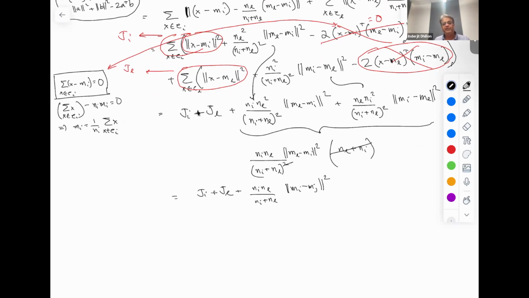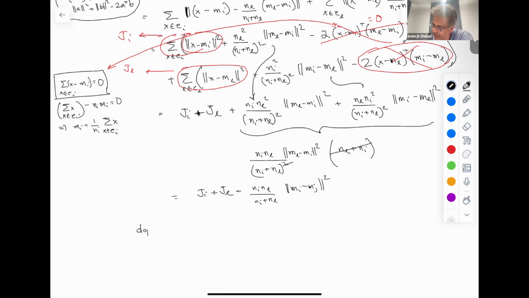So notice what happens. Whenever you merge two clusters, my width is actually going to increase, because it's a bigger cluster. So when I merged Ci and Cl, I get this increase. So I can say that this is my distance measure, or the square root of this.